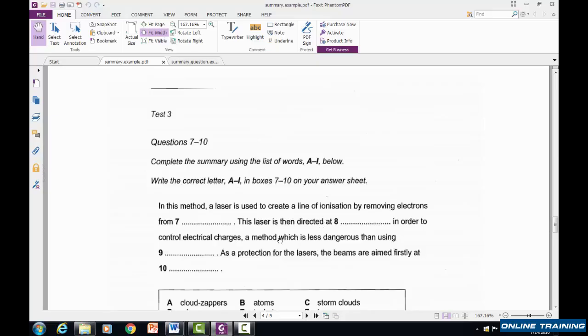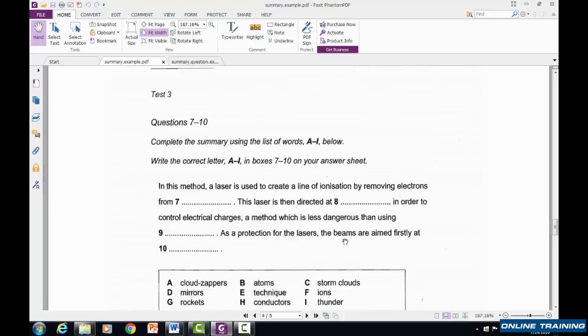And then for number 9, it's a method that's less dangerous than using. So we have to find language that means less dangerous than.